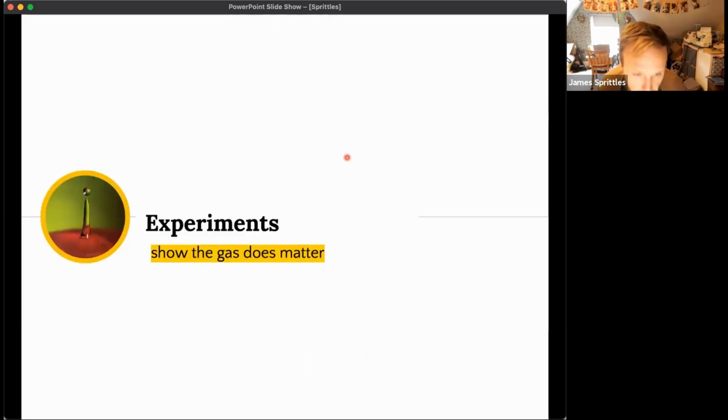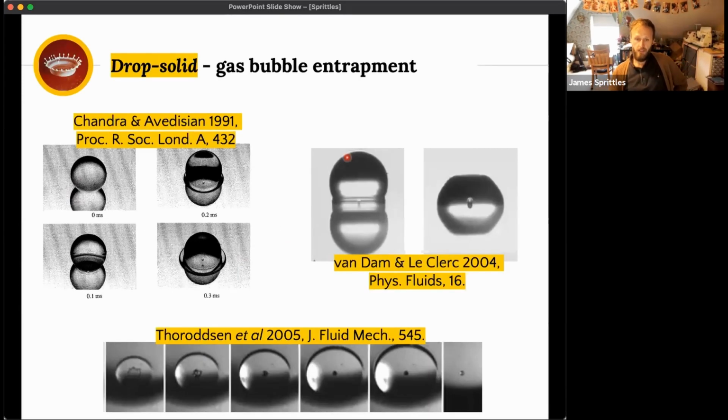Okay, so starting off with experiments. Some of the early evidence for the influence of the gas on droplets is from the discovery of these very small gas bubbles which are found underneath impacting drops. This goes back to '91. If you look at this paper by Chandra and Avedisian, they say there could be two different possibilities.